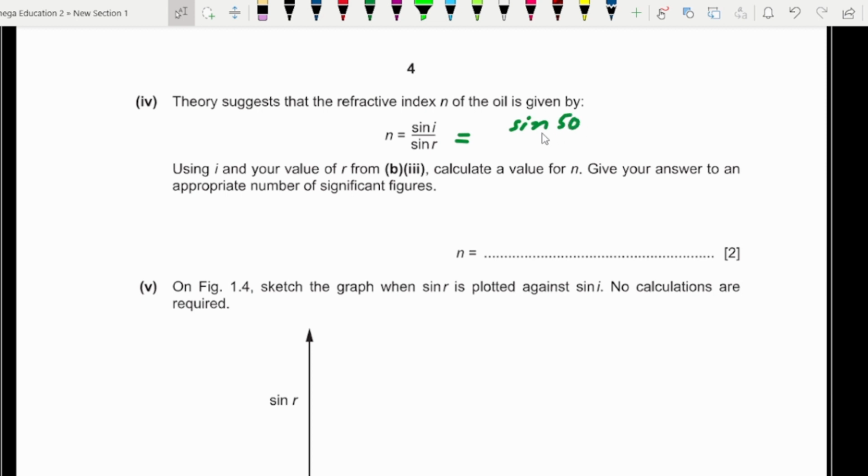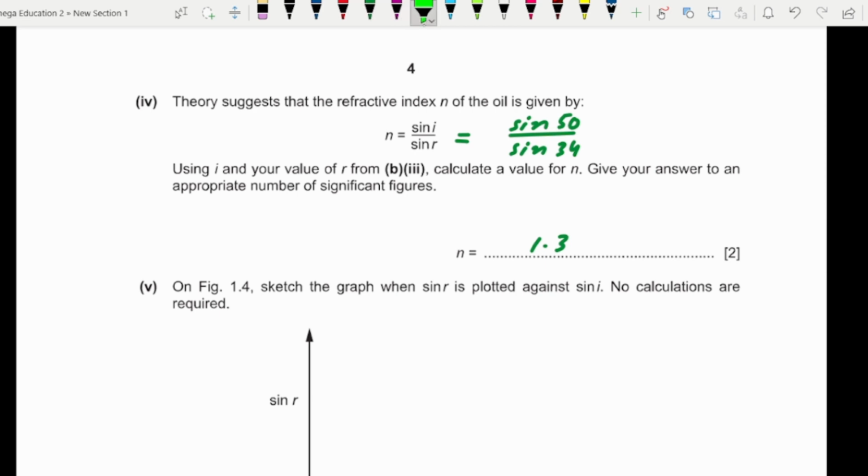Sine 50 divided by sine 34. Then we hit it on the calculator, and it will be 1.3 or 1.4 something. The answer would be 1.3 or 1.4 something, and it has no unit.